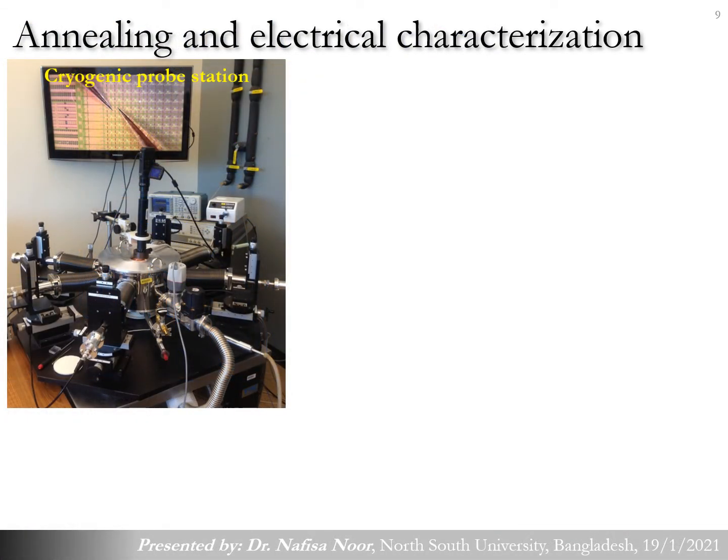Now this is how the electrical characterization setup looks like. This is a specialized characterization setup known as the cryogenic probe station. In this station, there is a chamber where we can go to various temperature and pressure ranges, and we can take a look at the measured region with the help of an optical microscope and a monitor.